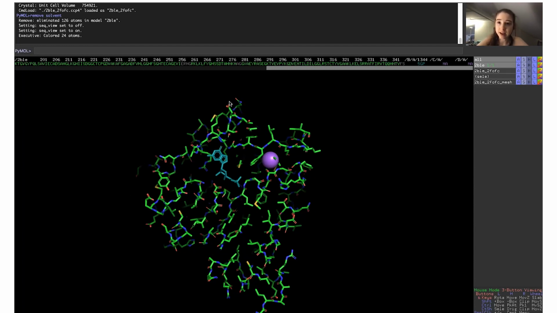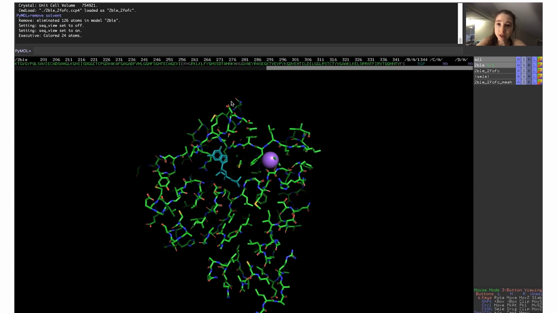You could have the same resolution data and build the same model with a low resolution or a high resolution type of thing, but the low resolution would just be more guesses, whereas with a high resolution, you're more certain. With a low resolution, it would be really hard to guess the actual right positions of everything.